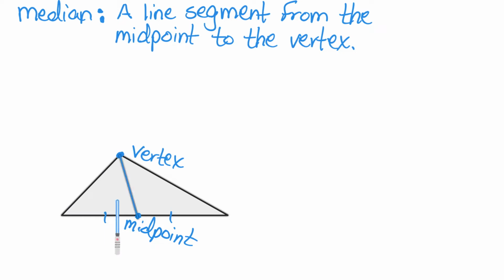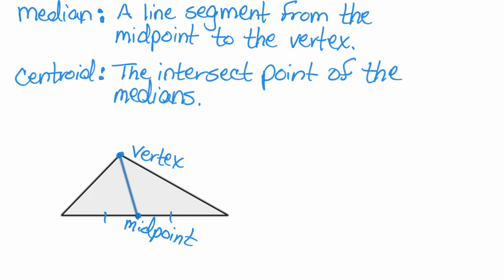And so we would call this the median, because it is a line segment from the midpoint to the vertex. Now, a centroid is the intersection point of the medians.